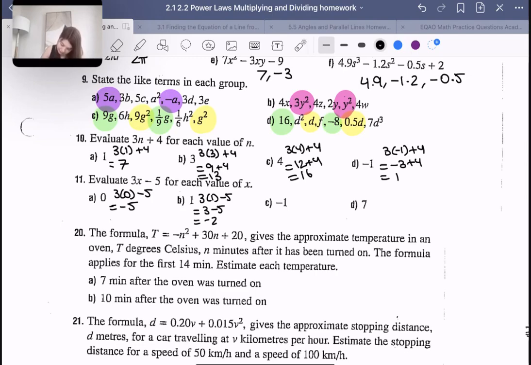Then we have 3 times -1 minus 5, which is -8. Then we have 3 times 7 minus 5, which is 21 minus 5, which is 16. And there we go. Awesome.